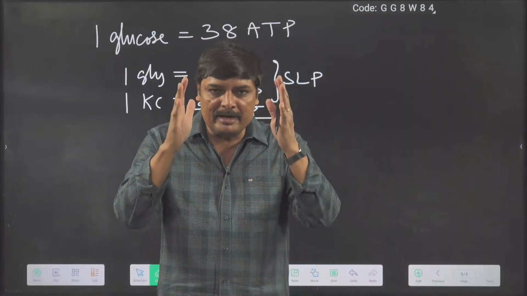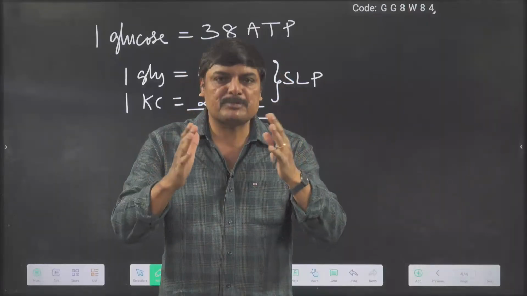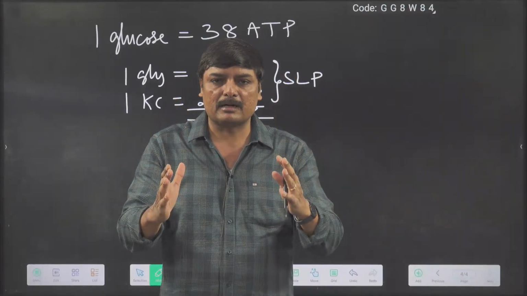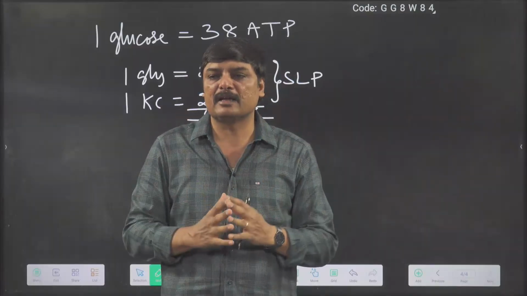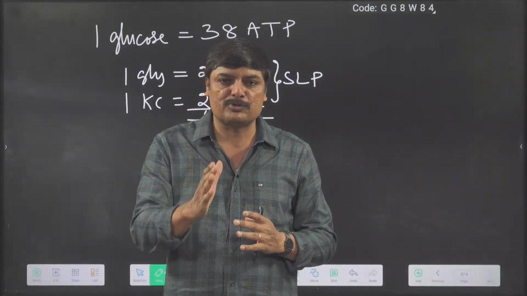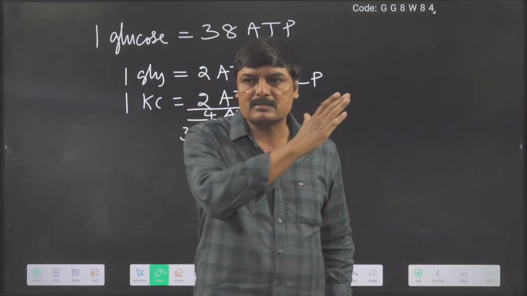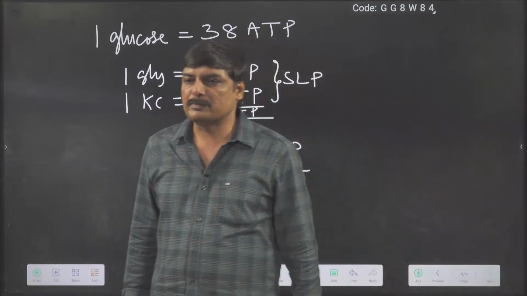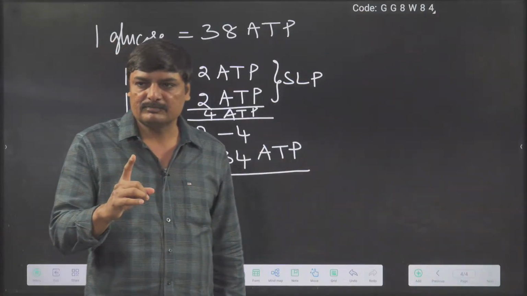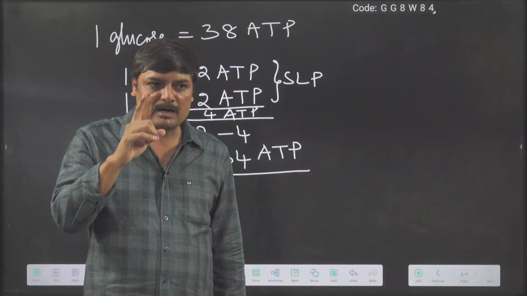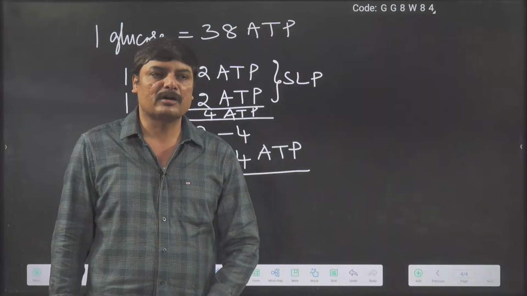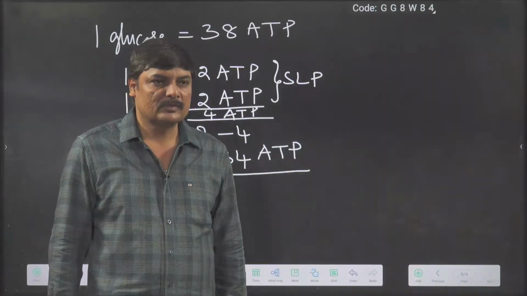And the ultimate electron acceptor, the ultimate hydrogen acceptor, is oxygen, and the role of oxygen is found in the electron transport system. That is the last step of aerobic respiration. And as I said, most ATP are produced in the electron transport system.